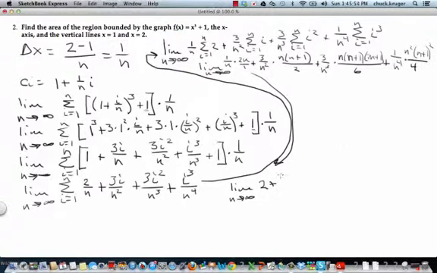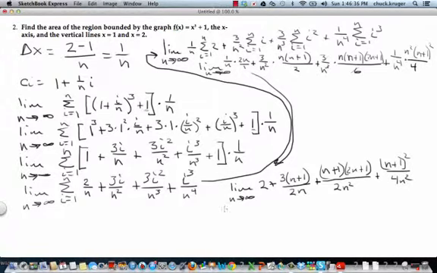I'll have 3 times n plus 1 over 2n, plus, now I have some simplification here and here, so I'm going to have n plus 1 times 2n plus 1, all over 2n squared, plus n plus 1, that quantity squared, over 4n squared.